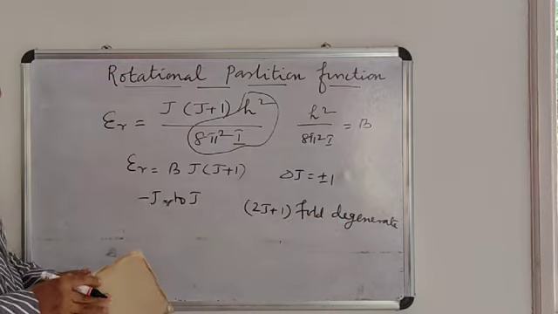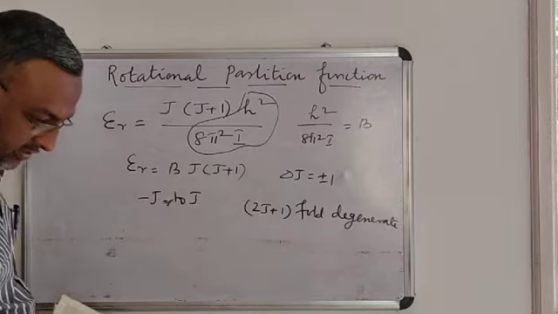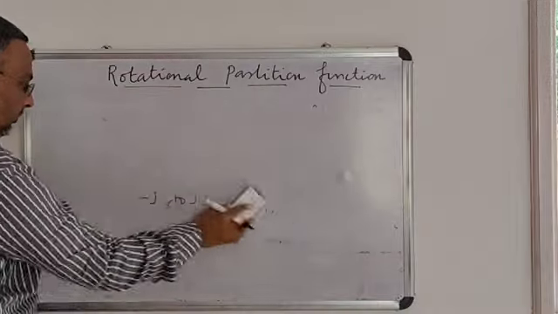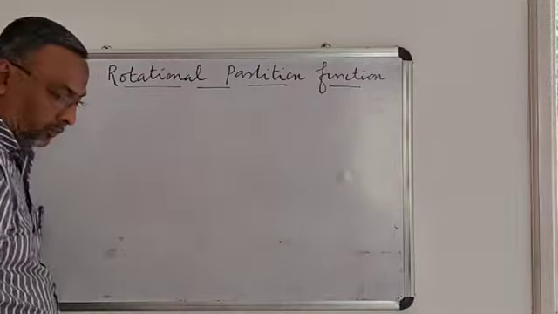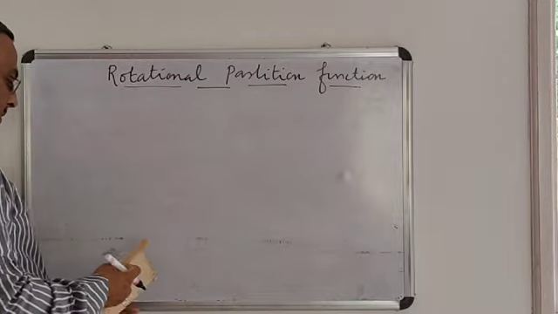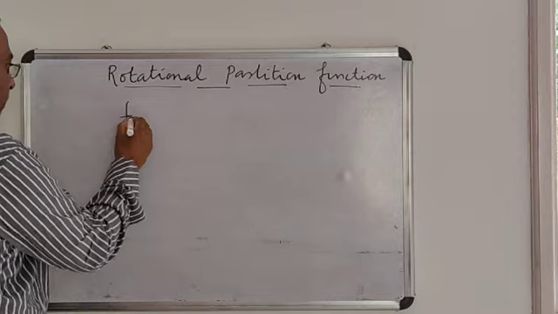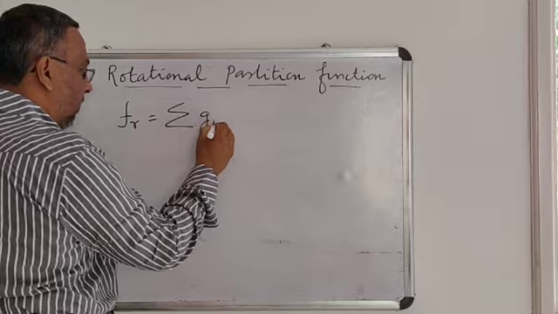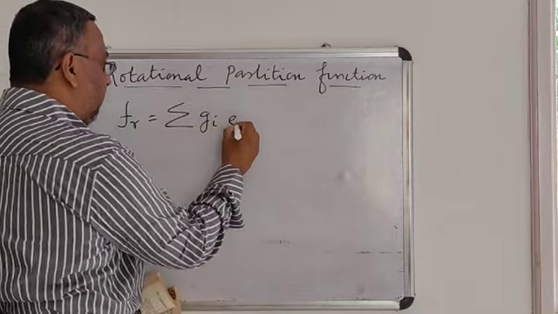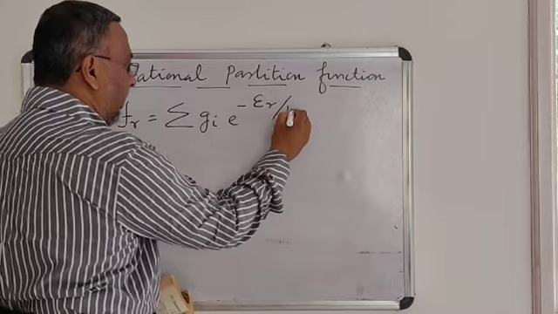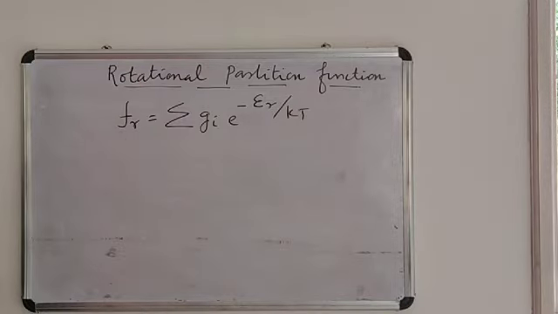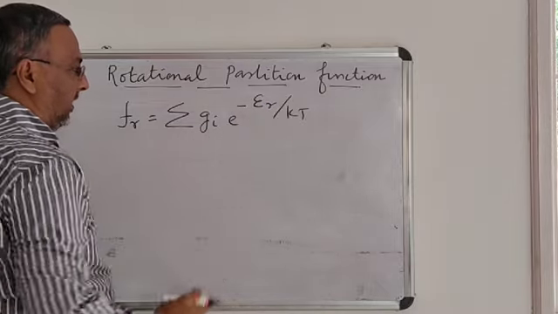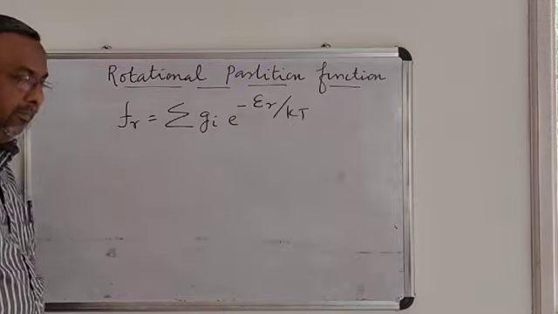So the rotational partition function can be written as the summation of g i into e power minus E r divided by k T. Here g i is the degeneracy of the ith level, E r is the energy of rotation, k is the Boltzmann constant, and T is the temperature.